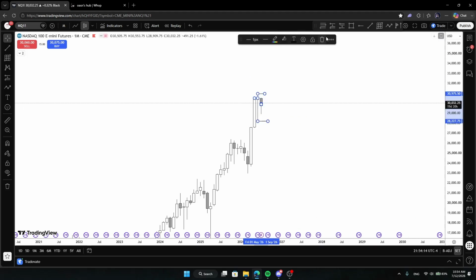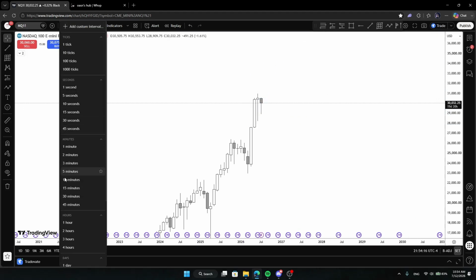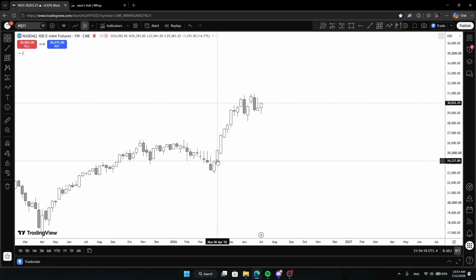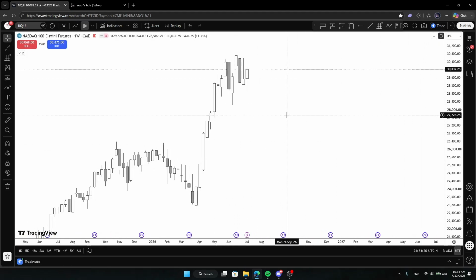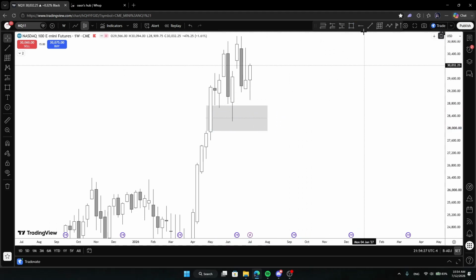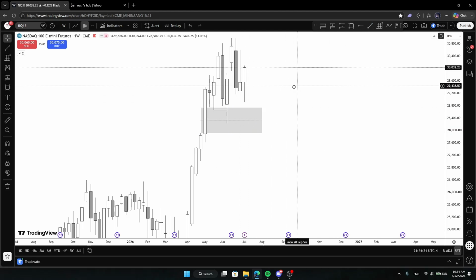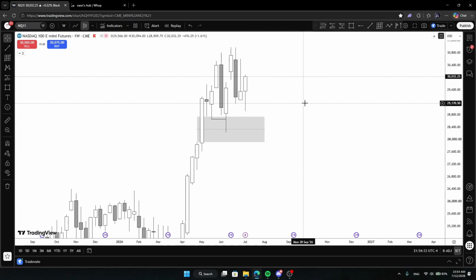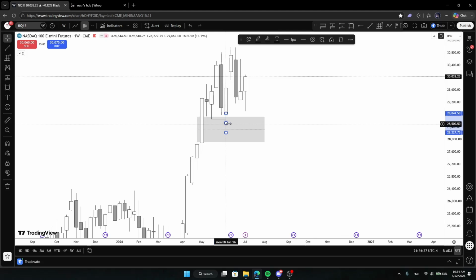Now after this, what you want to do is go down to weekly. If you go to the weekly time frame, you can see that we have a weekly fair value gap that we tapped into, and we took out a liquidity, and then we had a bullish reaction. What this can tell us is that we have a rejection block here.